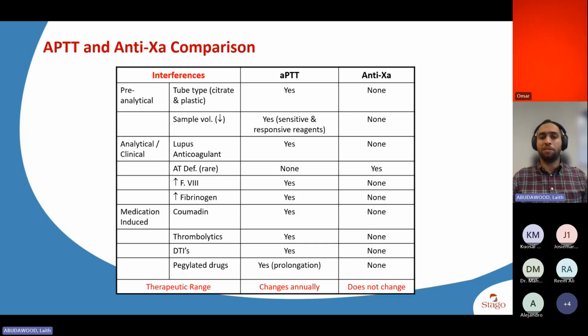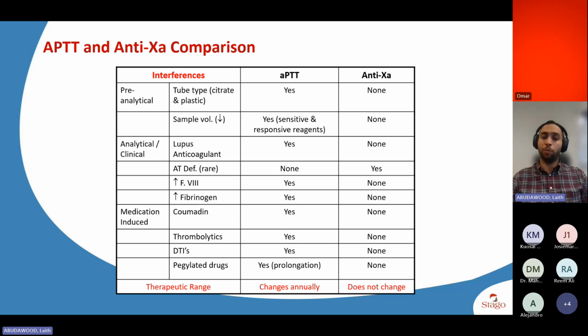So here's a summary of the things which interfere with the APTT but have no effect on anti-Xa. For APTT, you have the pre-analytical part where the tube type is an interfering factor. The sample volume, if it's underfilled, for example, because of the higher concentration of citrate, is a problem.